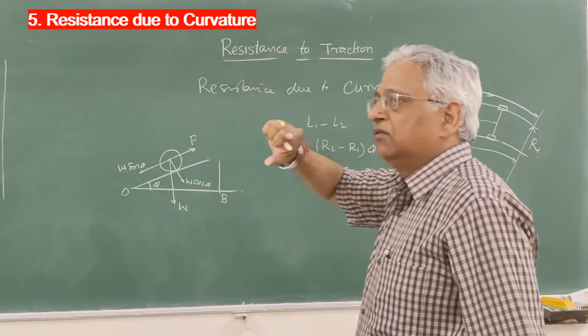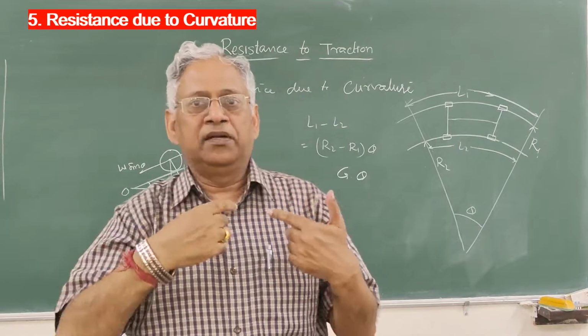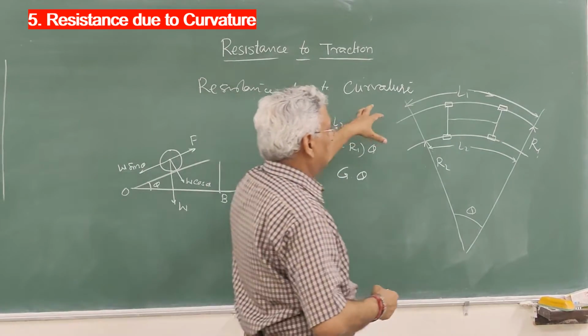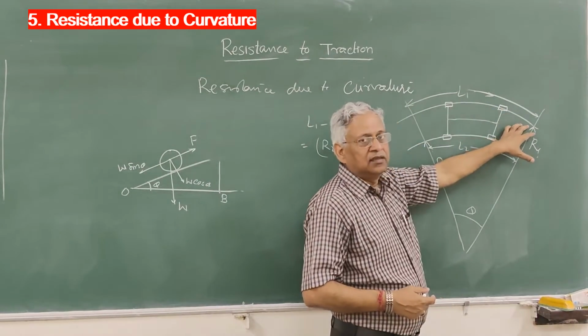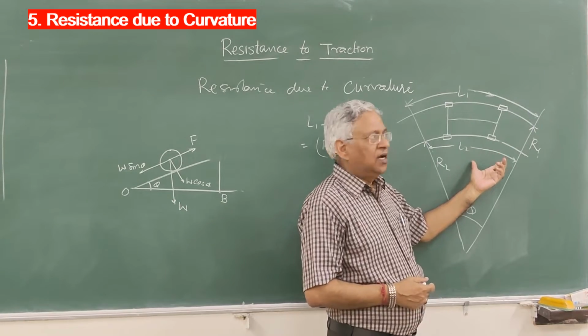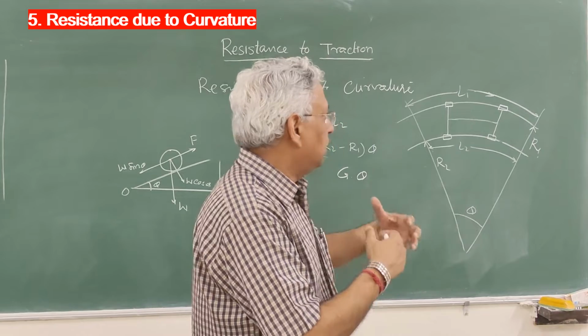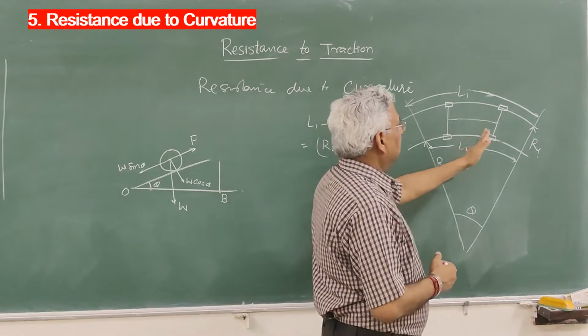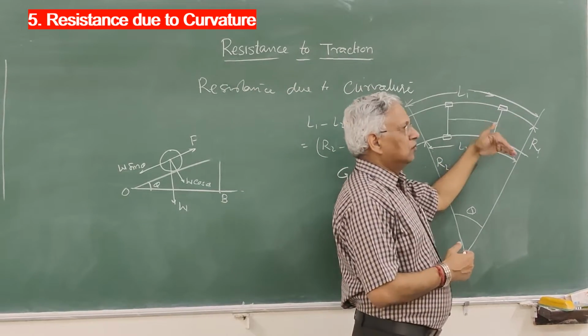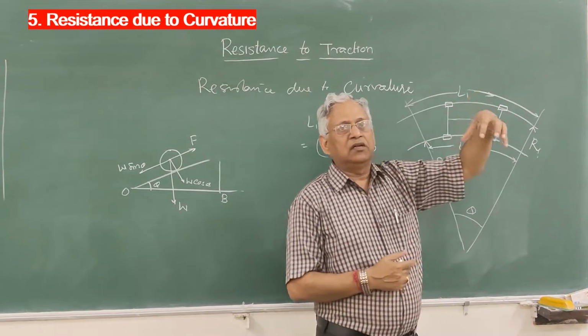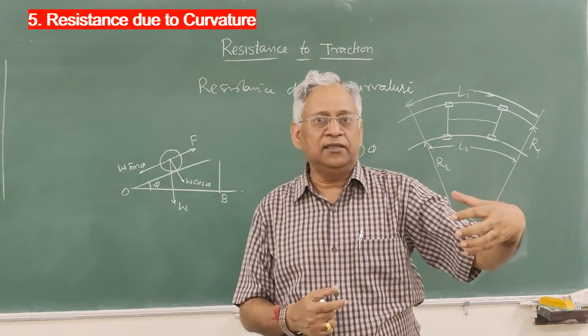And because of rigidity of the wheel base, wheels cannot move independently, and therefore the outer wheels have to travel a larger distance than the inner wheel. And because of coning of wheels, taking some advantage of coning of wheels, the outer wheel tries to move outward, so that diameter of this wheel increases slightly.